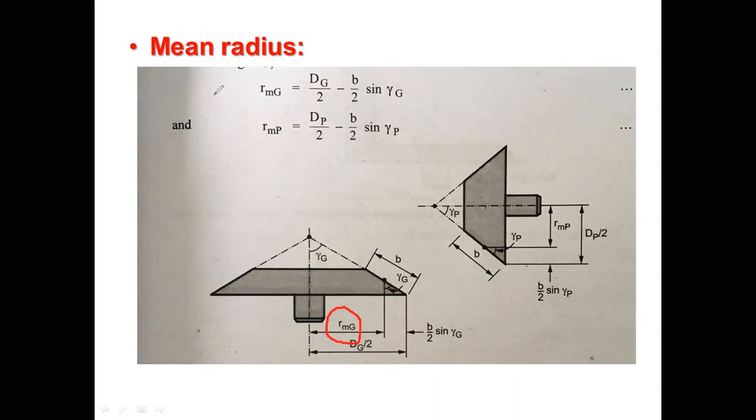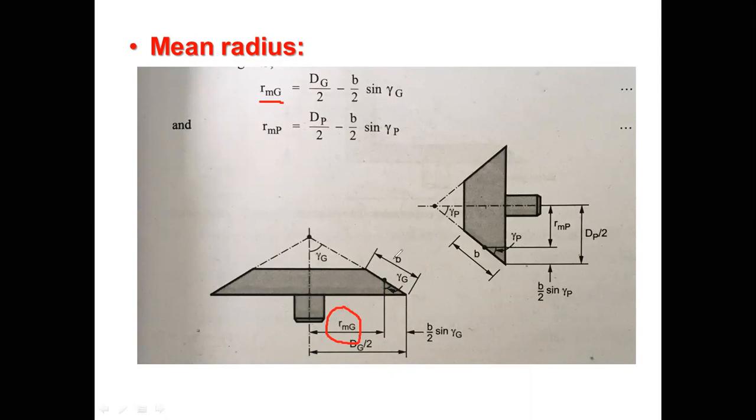And the formula for the mean radius of the gear is, if we see here, rmg, the mean radius of the gear, is equal to dg by 2, where dg is the diameter of the gear, minus b by 2 into sine of gamma g, where b is the face width.